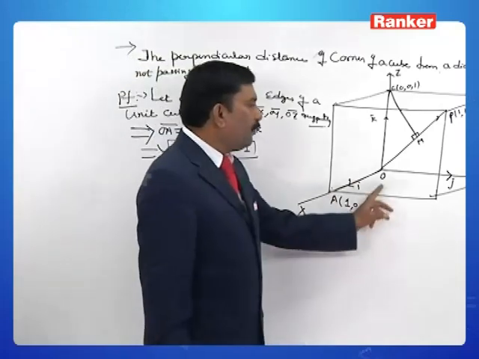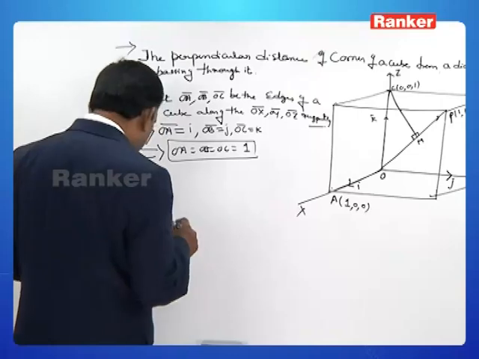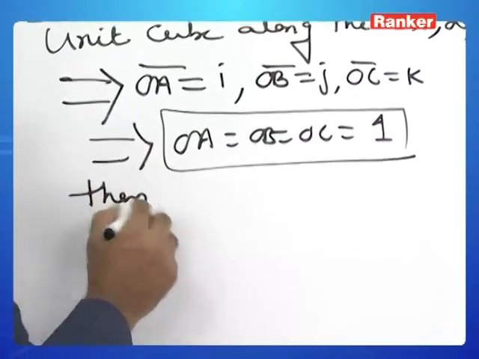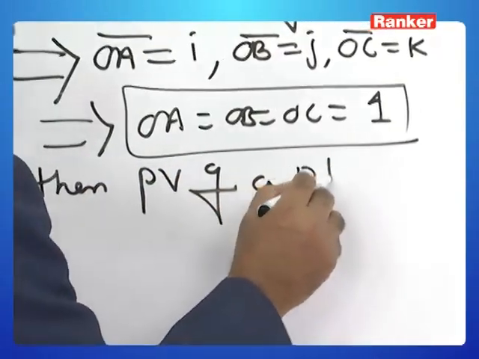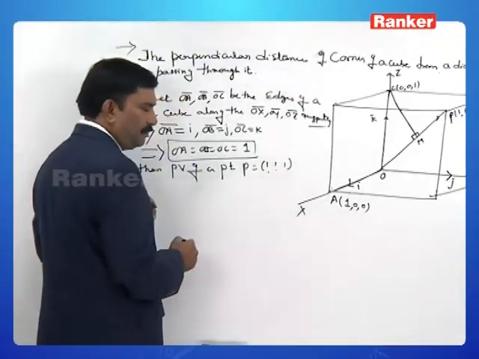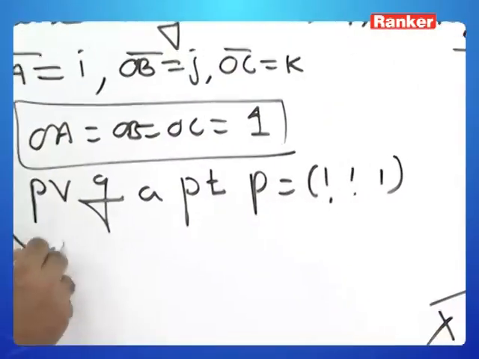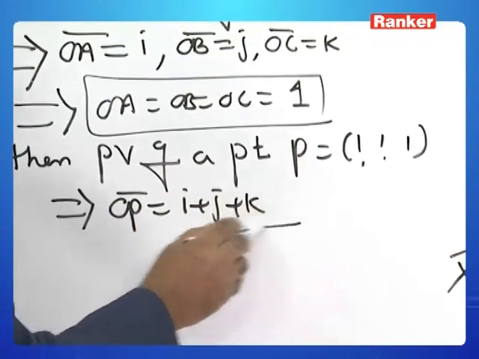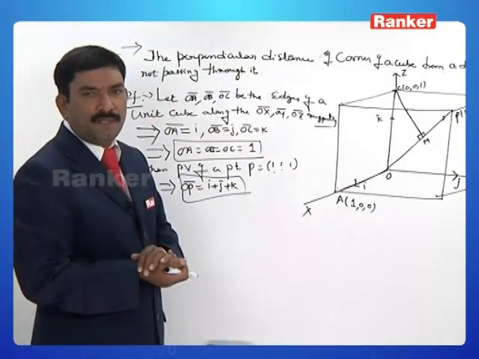When OA bar, OB bar, OC bar are of unit length, the position vector of point P is 1, 1, 1. Since P is a point in space, OP bar is equal to I plus J plus K, where O is the origin.